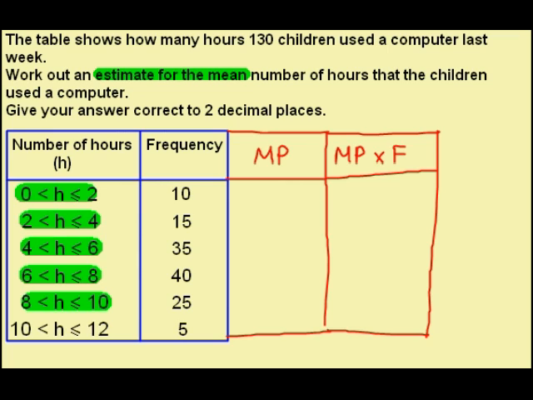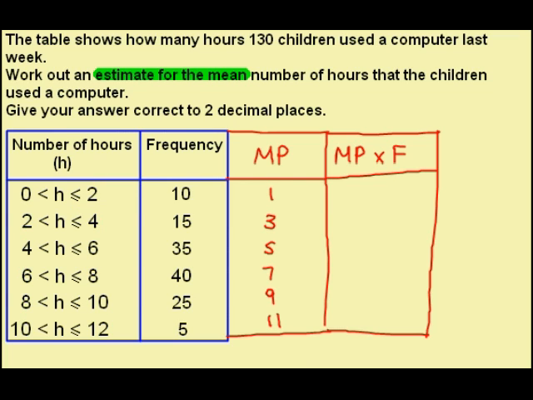The middle of 0 and 2 is 1. The middle of 2 and 4 is 3. The next one's 5, then 7, then 9, and finally 11. We now do midpoint times frequency.